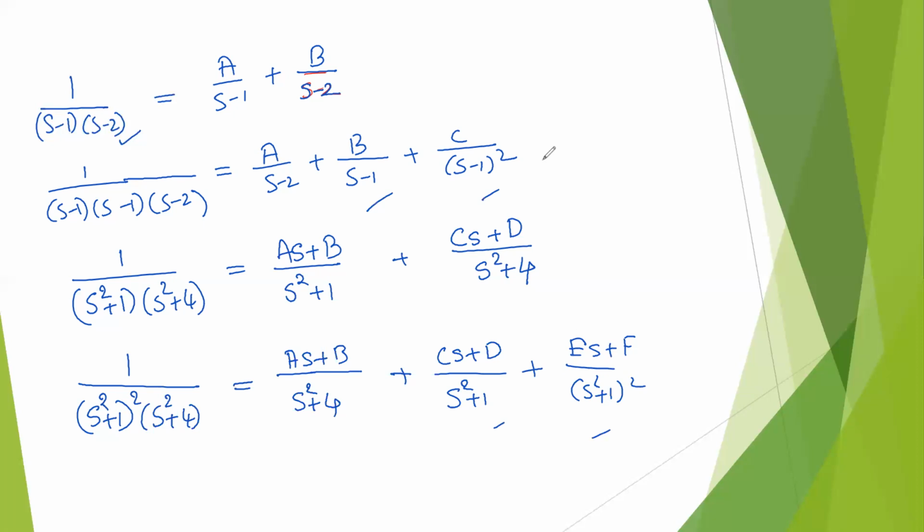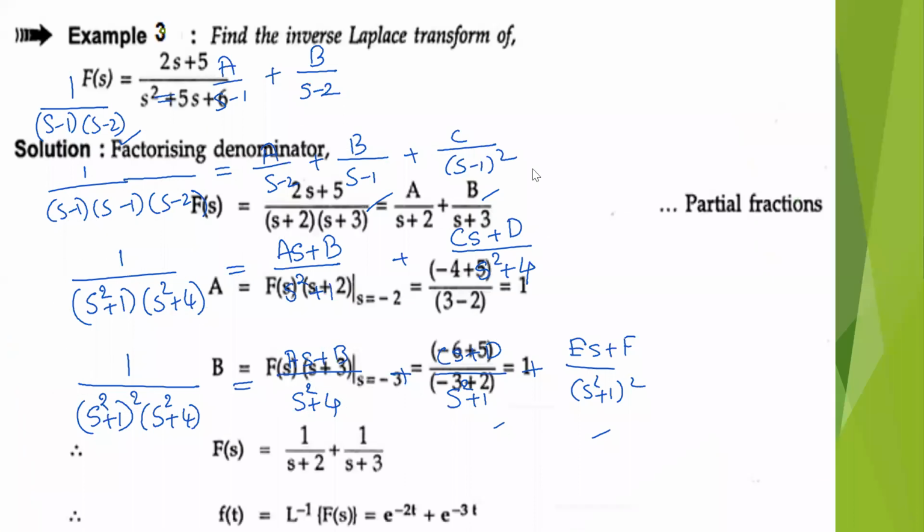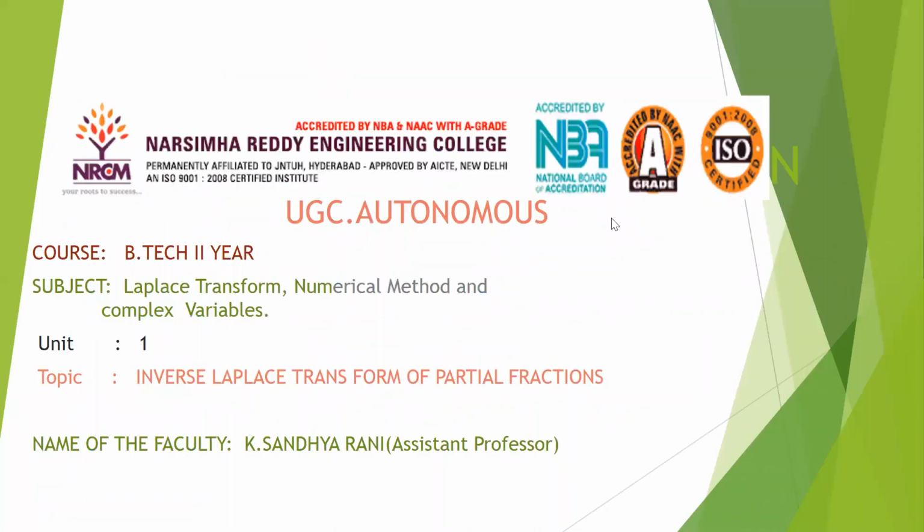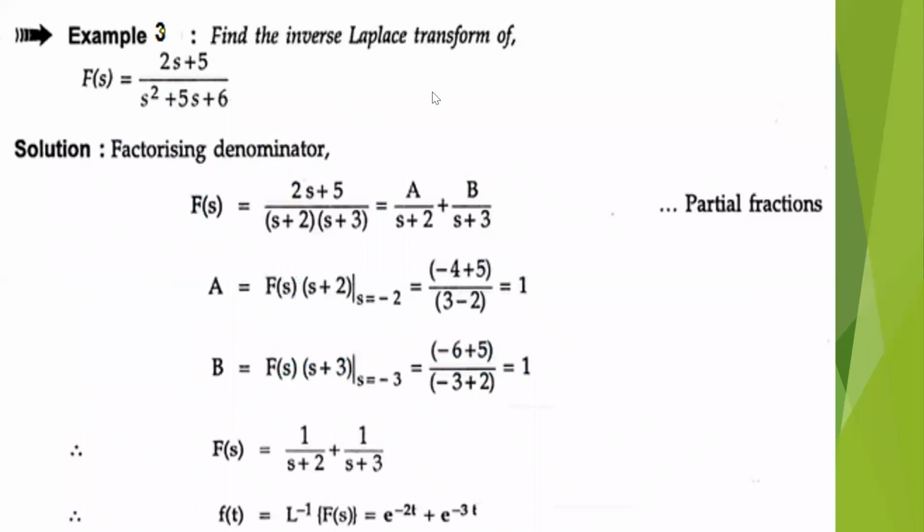Based upon this basic information, we are going to evaluate inverse Laplace transformations of the given functions. Here, if we take a basic example, the function is given as 2s plus 5 divided by s square plus 5s plus 6. We know that the quadratic expression s square plus 5s plus 6 splits into s plus 2 and s plus 3.